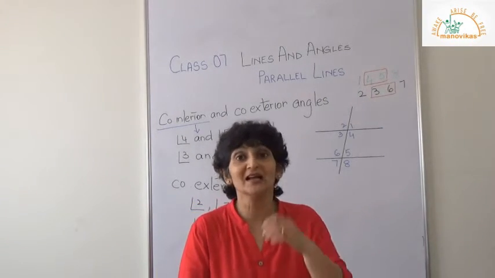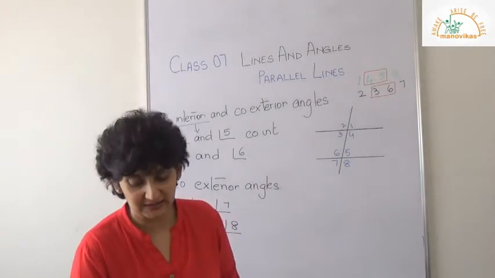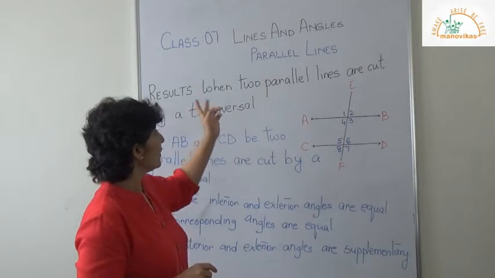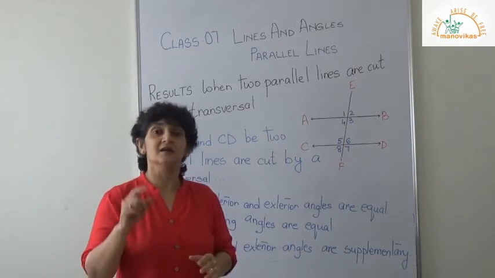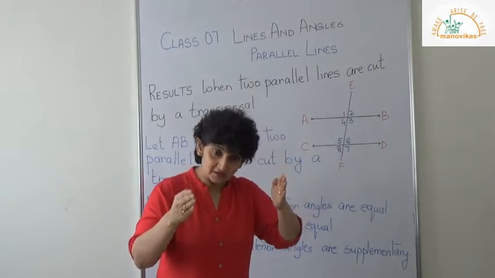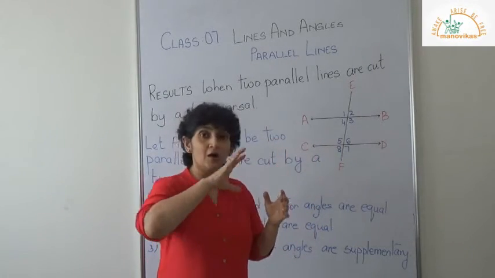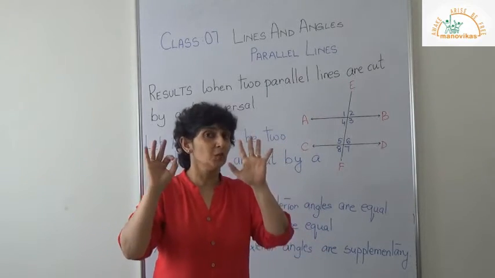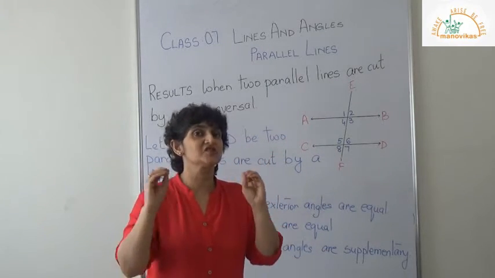Next, let's go on to the results of parallel lines. Now children, let's understand the results when two parallel lines are cut by a transversal. Now, we just discussed how when you have two lines, when they are cut by a transversal, we get 8 angles. And which are those angles?